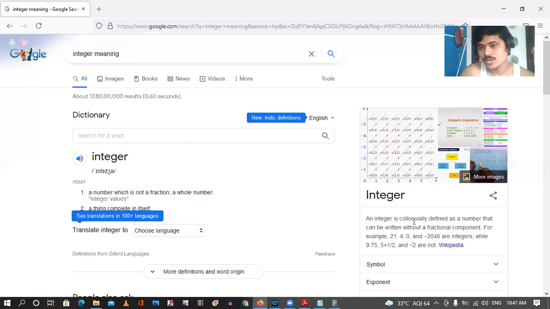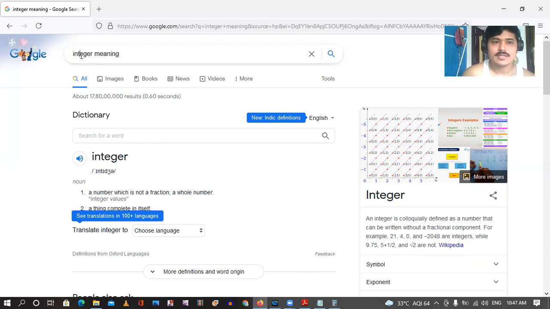Integer is colloquially defined as a number that can be written without a fraction component. Without a fraction component means not 1 by 2, not like that. Example: 21, 4, 0, minus. So integer also includes the negative numbers, while these numbers are not integers.